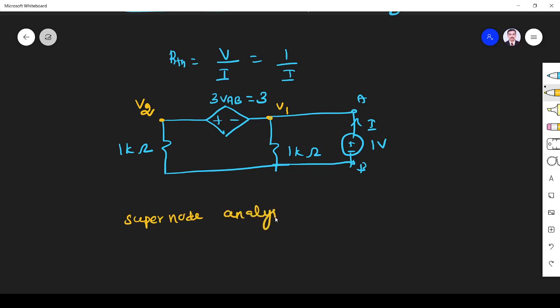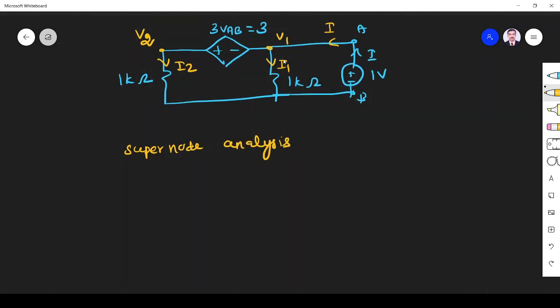Right? So whenever we want to apply super node analysis, what do we have to do? This is the incoming current I. Let us assume this is I1, this is I2. First we have to apply KCL at the independent node directly.